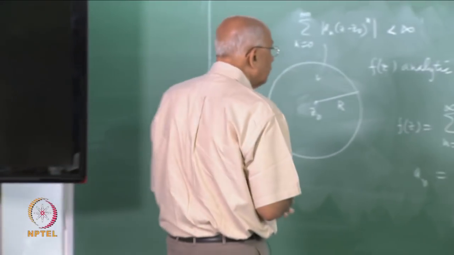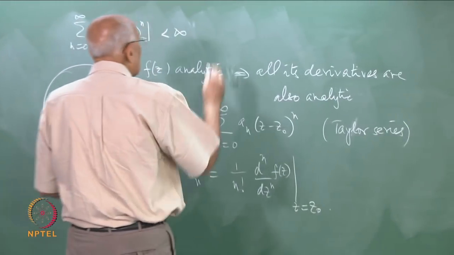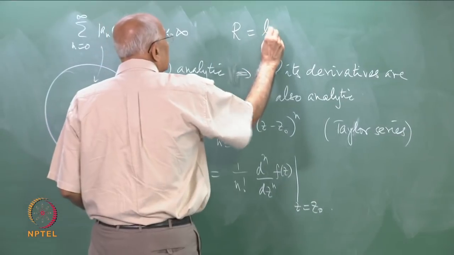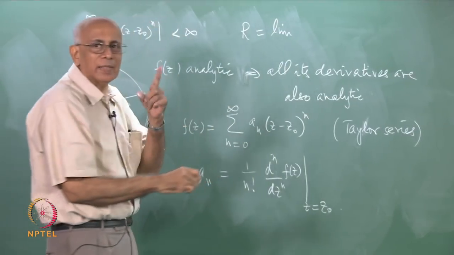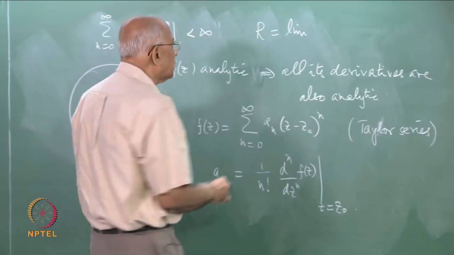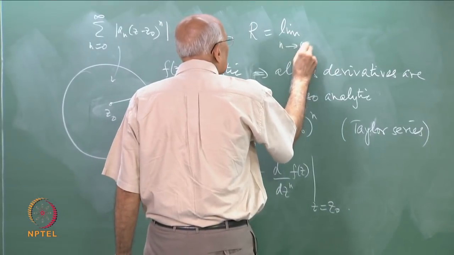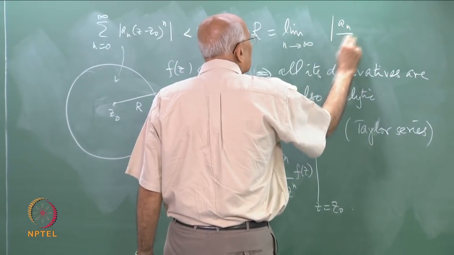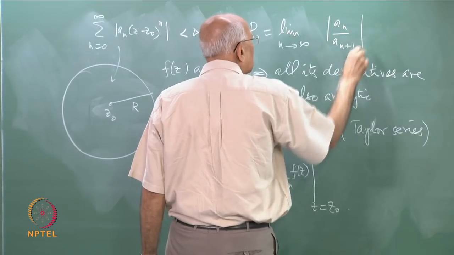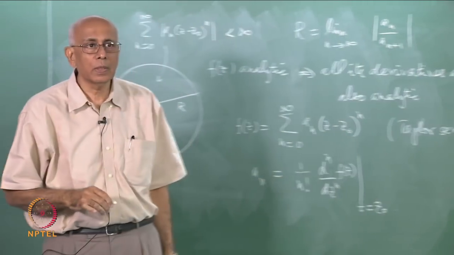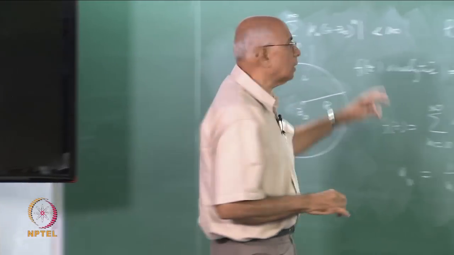Now what is the formula for this radius r? Well, the simple ratio test for absolute convergence would suggest that this is limit n tends to infinity modulus a n over a n plus 1. And this r is called the radius of convergence.